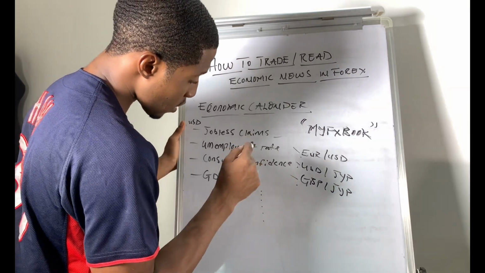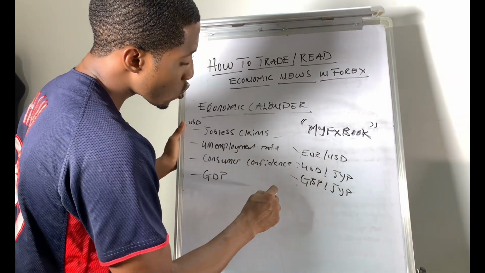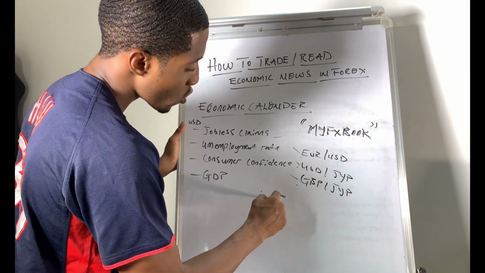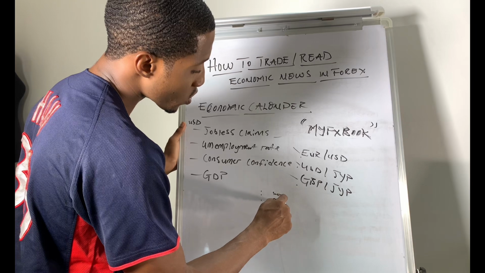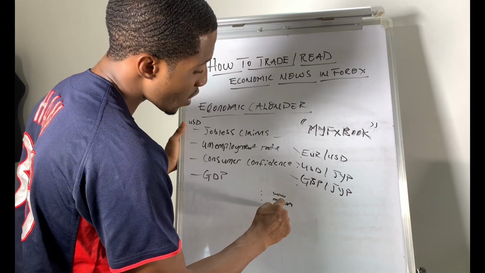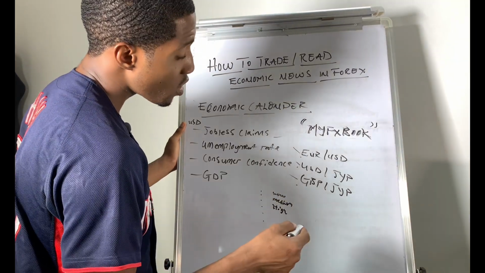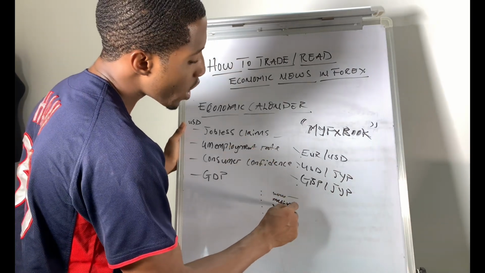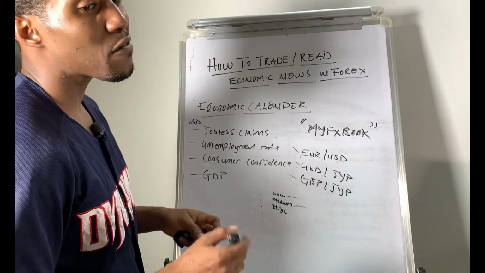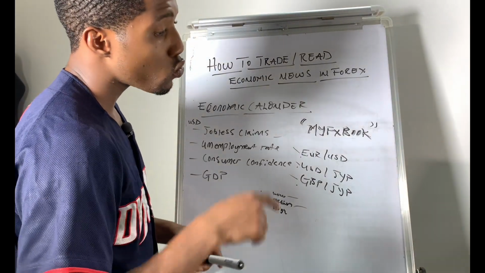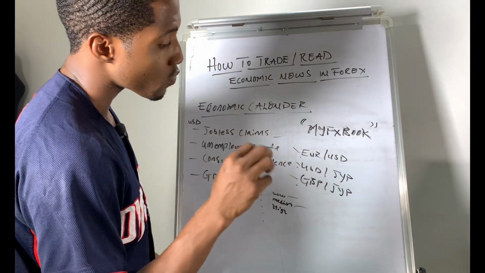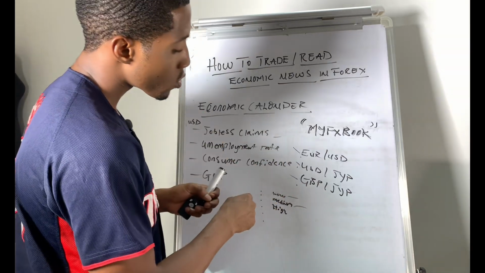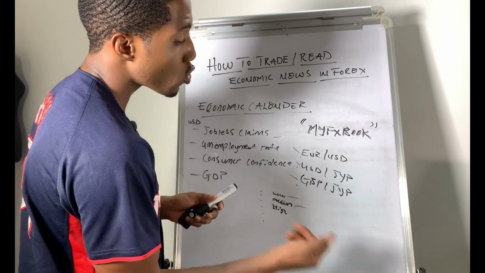Now the next step you need to do is to go to the types of news. Like I stated, we have the low impact news, we have the medium impact news, and we have the high impact news. Honestly, I've been here, done that, and I'm trying to make this very easy for you. You don't need low and medium impact news because every blessed day of the week, those 5 trading days from Mondays to Fridays, there are always news coming out, but they are mostly low and medium impact news.